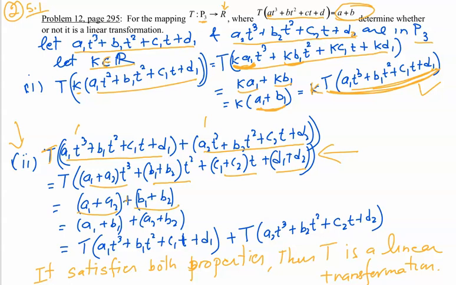I can rearrange this, a1 plus b1 together, a2 plus b2 together. But remember that a1 plus b1 is the transformation of this polynomial, and a2 plus b2 is the transformation of this polynomial. So that's why it satisfies both properties, and that's why it's a linear transformation.